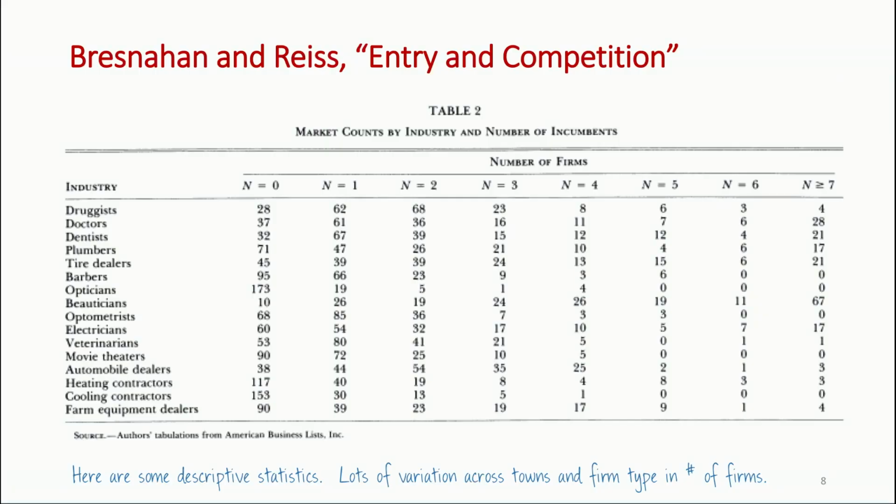Okay, here is the data sample showing the full set of occupations or businesses they started with and the number of firms they get. They end up focusing on the ones on the top part of the table.